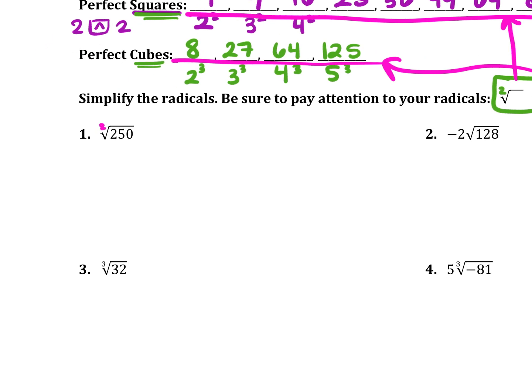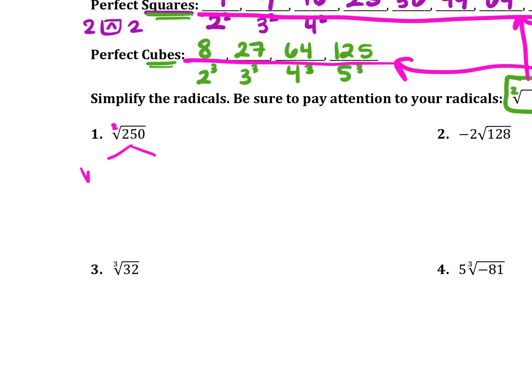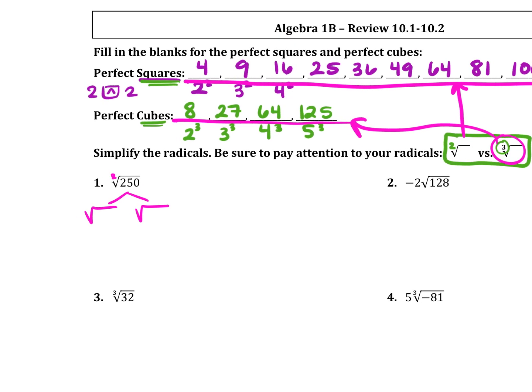Which means you can move on to, okay, well, if it's not that, then what perfect square is 250 divisible by? 25 and 10. So 25 times 10 is 250, right?